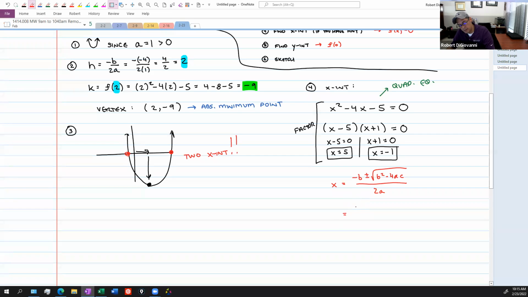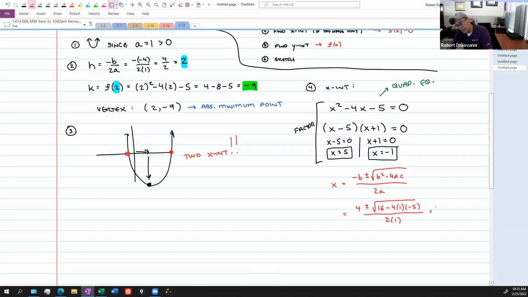You'd have negative b, which would be positive 4, plus or minus the square root. And then you'd square b. B is negative 4, so when you square it, you get 16. Minus 4 times a, which was 1, and c, which was negative 5. Oops, negative 5. Then all over 2 times a.